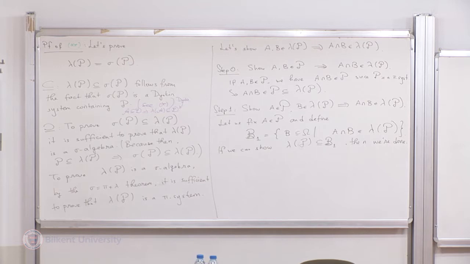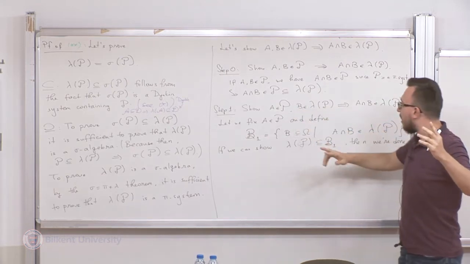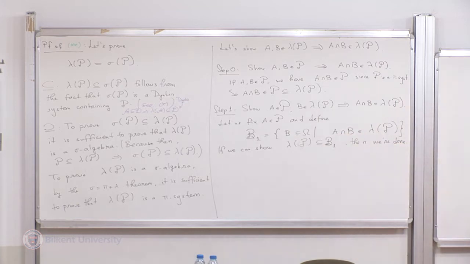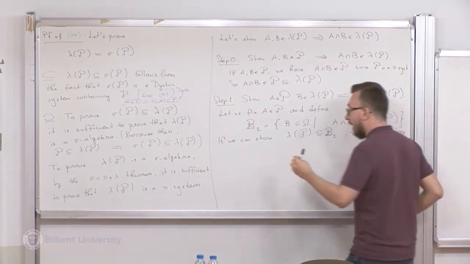So I'm just using my imagination. Let's collect all subsets B for which A intersection B is in lambda P. Okay, very big collection. What do I know about B1?